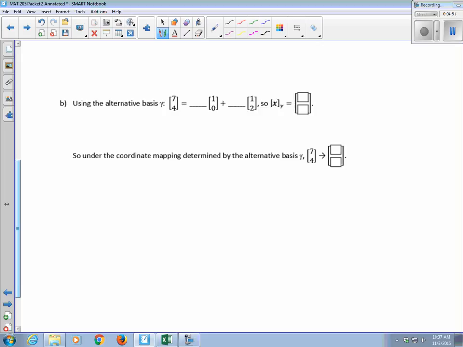Yeah. So it's a good way to think it through. Yeah, you know that your second entry has to be a 4. You're not getting anything out of this first vector because the second entry is a 0. So you have to create the 4 with the second vector. So it's got to be a 2. And now you've got 2 in your first entry, so you need 5 more. Right. So it's an informal way of solving that problem.